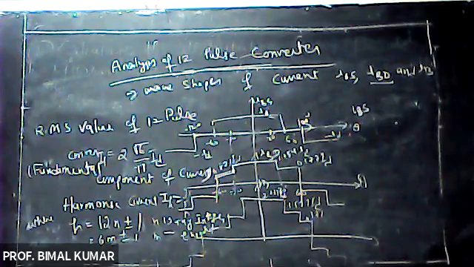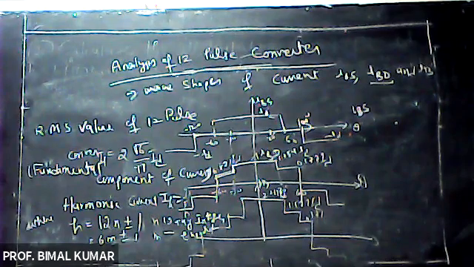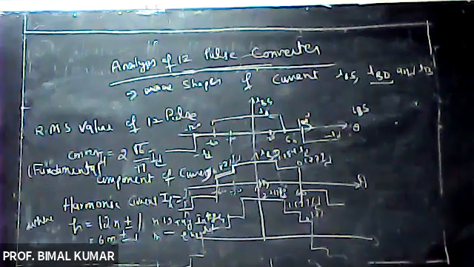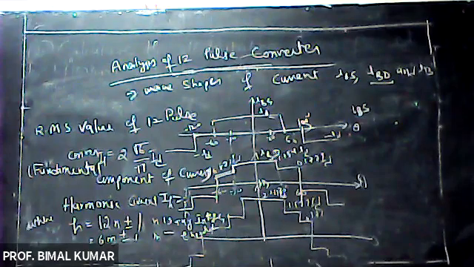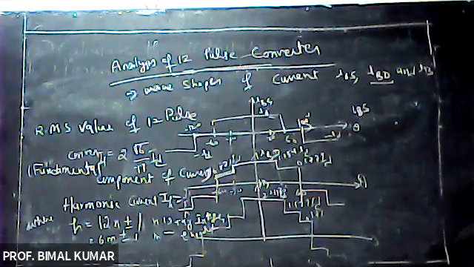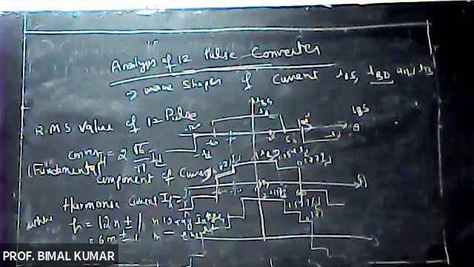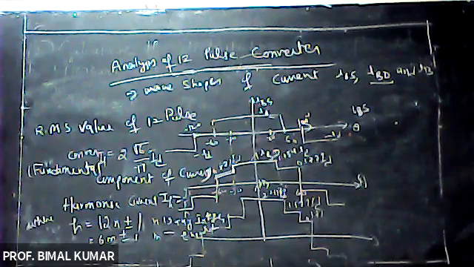If you see it in terms of current, it will be reciprocal, that means it is equal to the secondary winding current to the primary winding current. That means the transformation ratio is equal to V1 by V2, which is equal to E1 by E2, and it is equal to I2 by I1, where I2 is the current flowing in the secondary winding and I1 is the current flowing in the primary winding.